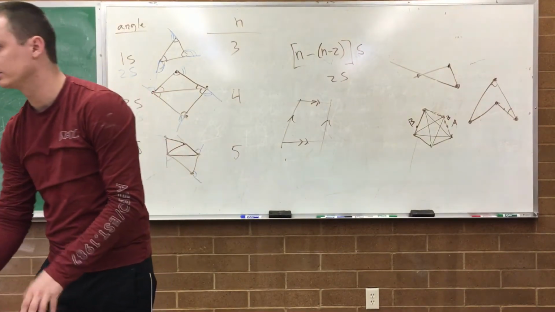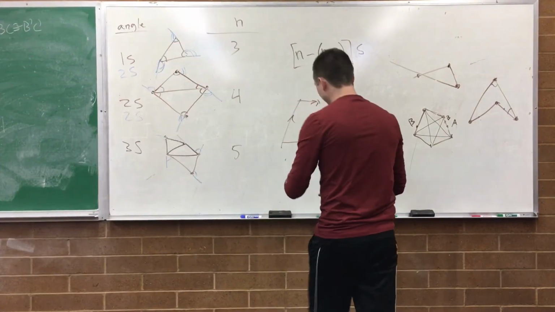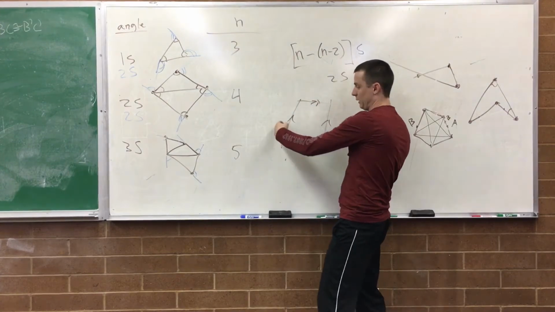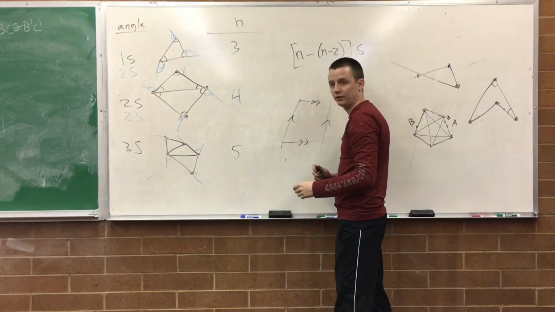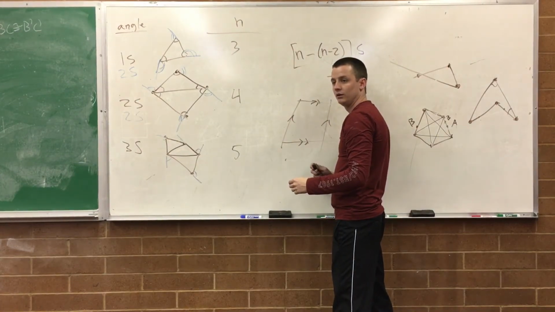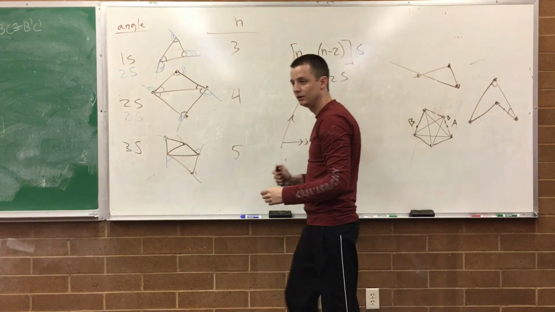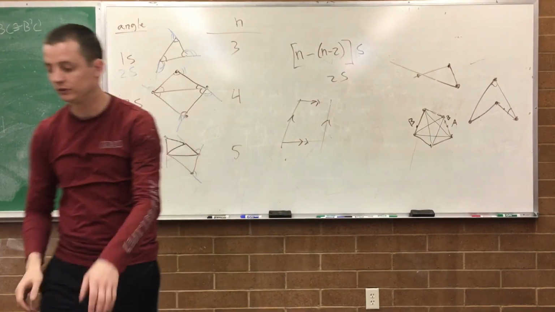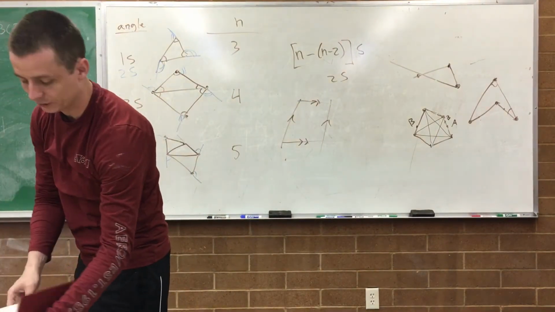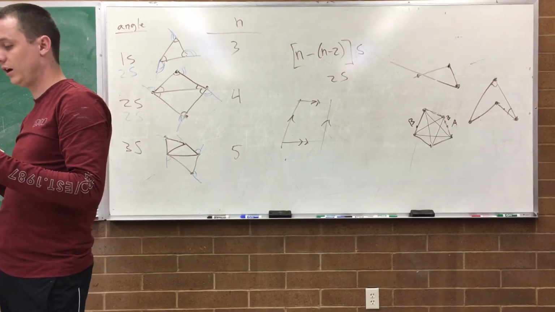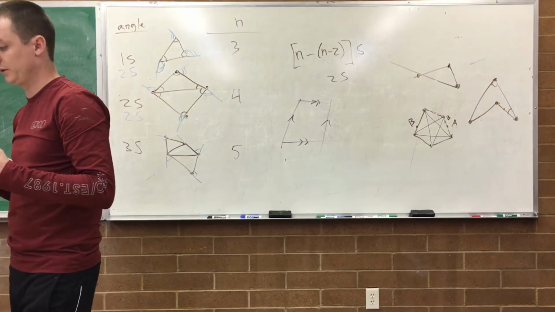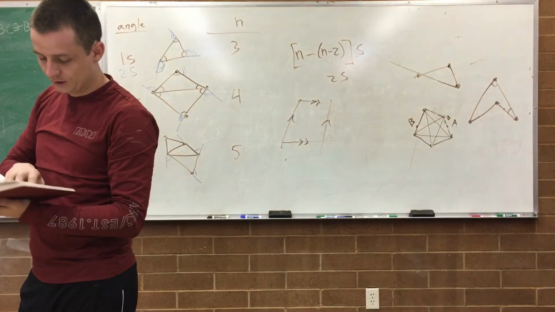Because if I force one of these angles to be a right angle, think about me shifting this thing until that's a right angle. Now all the angles are right angles. That's its definition, or at least, that's the definition I know. A rectangle is a parallelogram with a right angle. Okay.